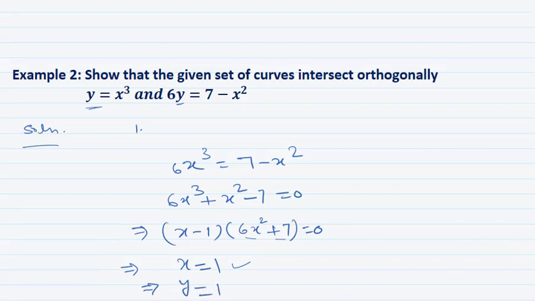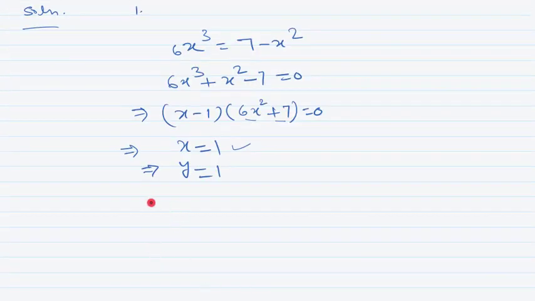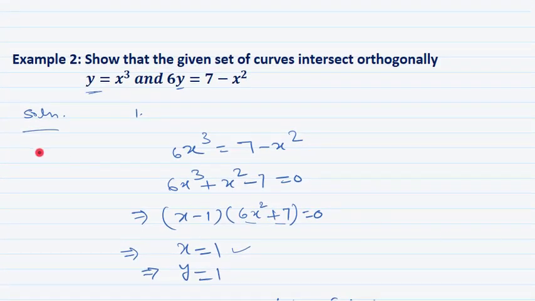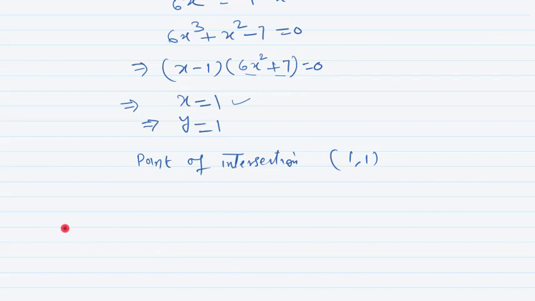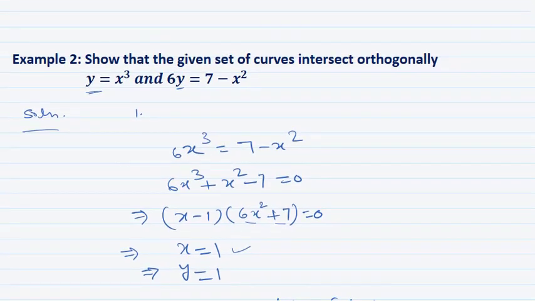So what does it mean? It means that the point of intersection of the two curves is (1, 1). Now the next step is to calculate the slope of the tangent, which is calculated by calculating dy upon dx. Let us take the first curve, y is equal to x cube.